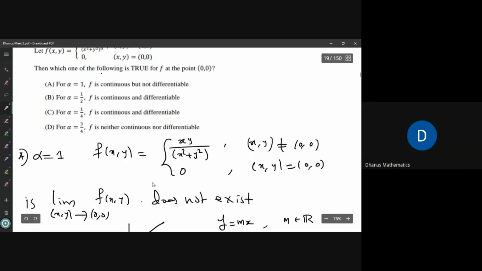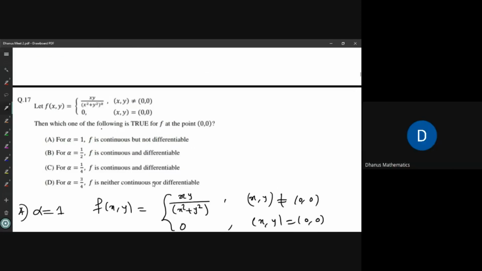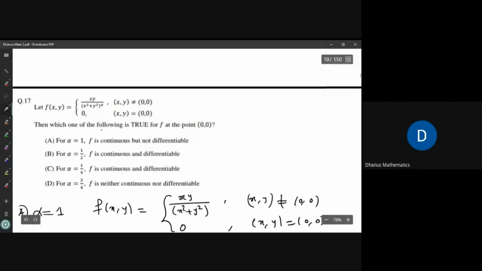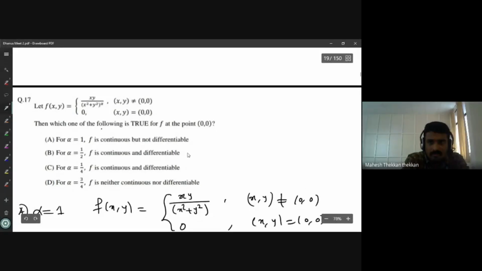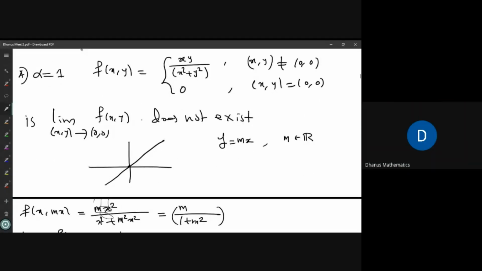Someone has commented something in the chat box. Can you see it? I am not able to see the chat box. Okay, one minute. Whenever 3 minus 2 alpha is greater than 0, then we will have it.